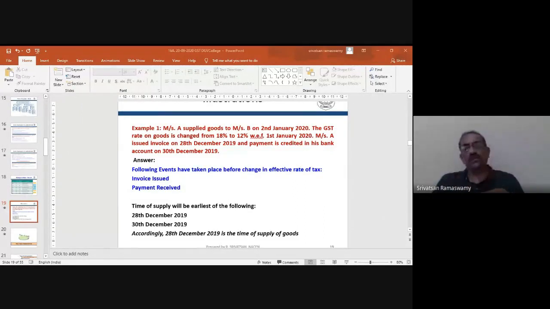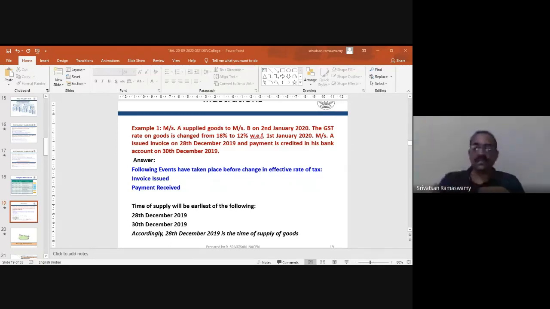advance will also decide which will be the actual. Basic tax point may be different, but the liability will accrue if the issuance of invoice or receipt of advance precedes the event of supply. So that will become the actual tax point and not the date on which the supply actually happens.